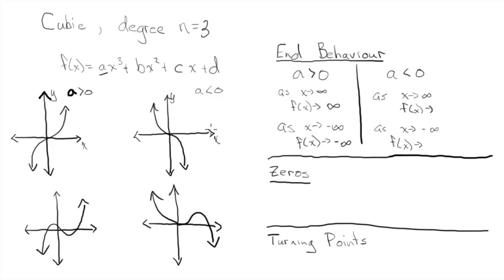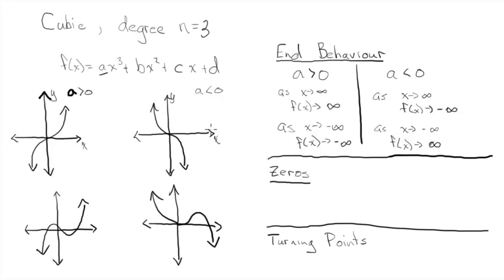Now for the ones where a was less than 0, as x got large as you went along this direction, or this direction on this one, the function is going down. So we're going to negative infinity. Then the opposite, as x gets very negative, the function is now going up. So you're going to infinity.